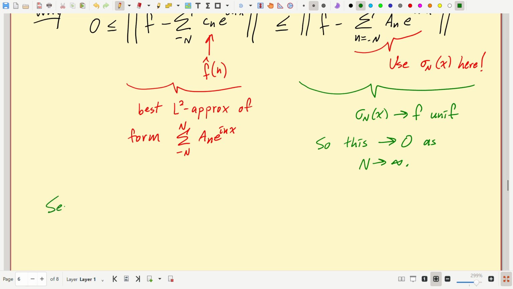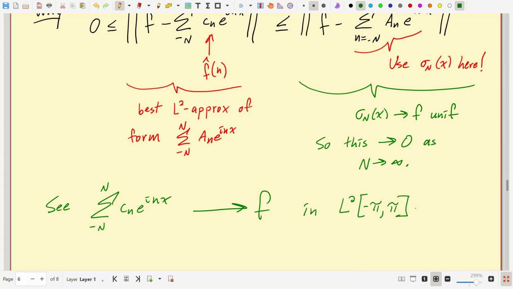This is where we see that the Fourier series converges to f in this Hilbert space of square integrable functions on minus pi to pi. That's what it means that that thing goes to 0.